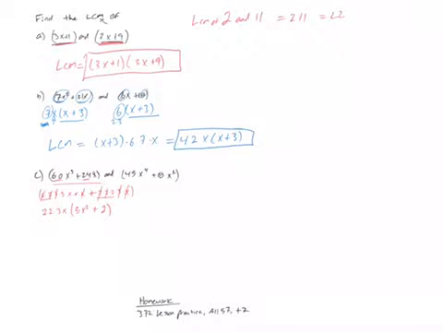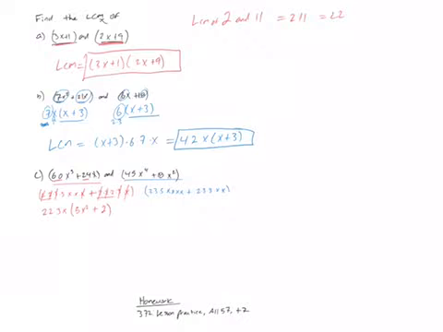If I do this one here, that is 15 times 3, 3 and 5, x, plus 18 is 9 times 2, so 2 times 3 times 3 times x.